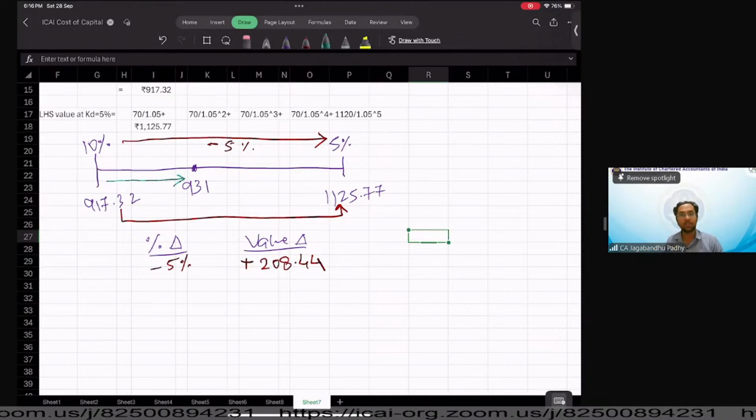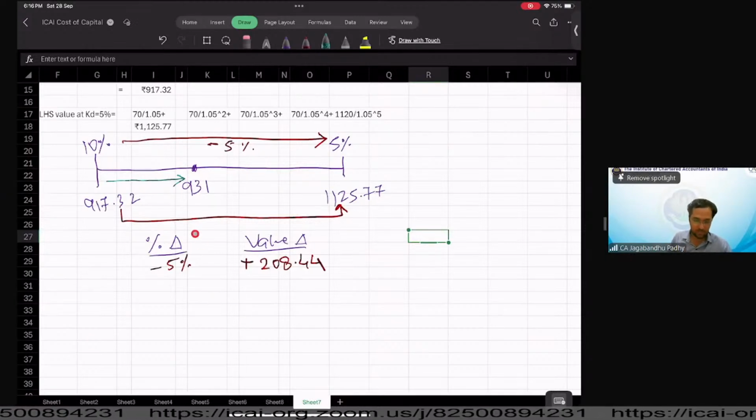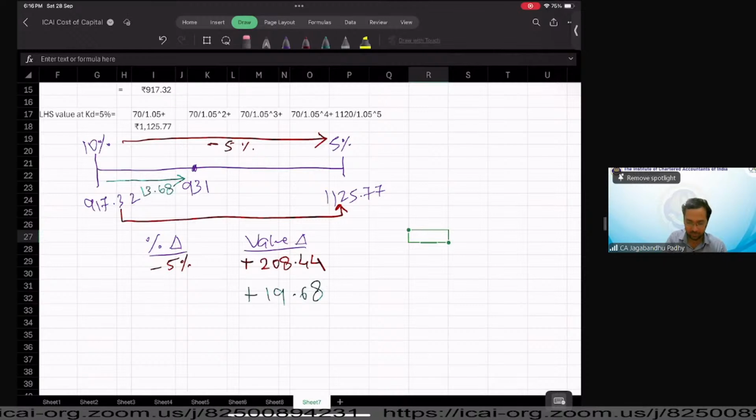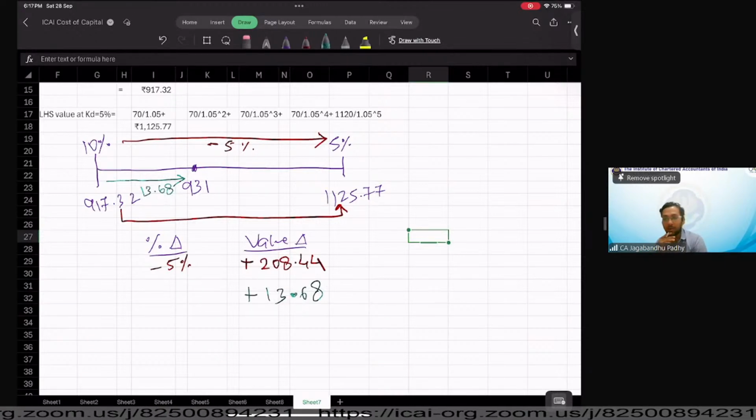From 917.32 to 931, we were looking for a change in value by 13.68. So we want to increase the bond value by 13.68.